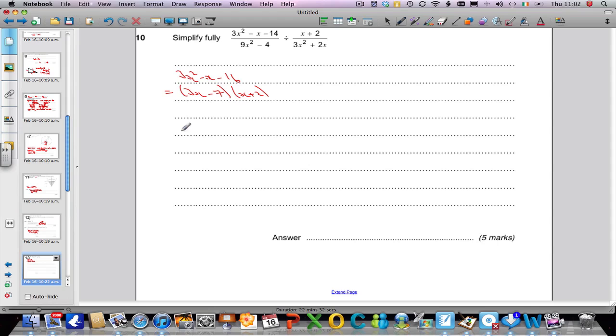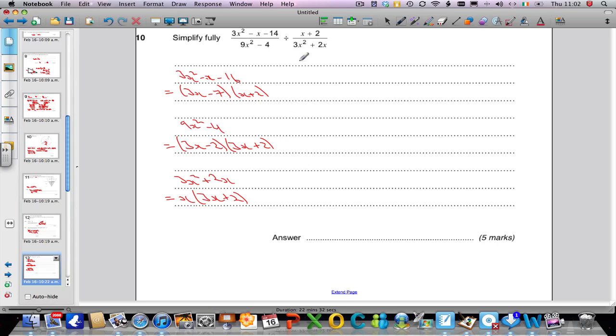You should be able to do that yourself. 9x squared minus 4, when factorized using the difference of two squares, is (3x minus 2)(3x plus 2). And this expression here, 3x squared plus 2x, when factorized, factor out your x, you get x(3x plus 2).